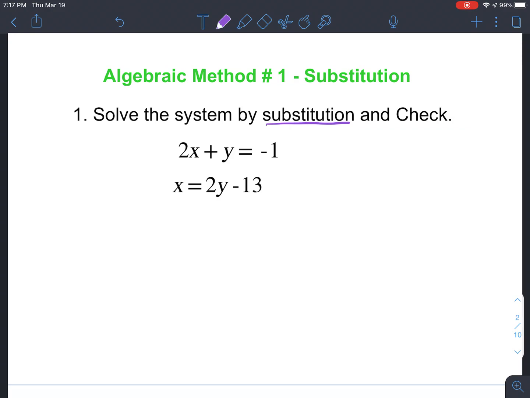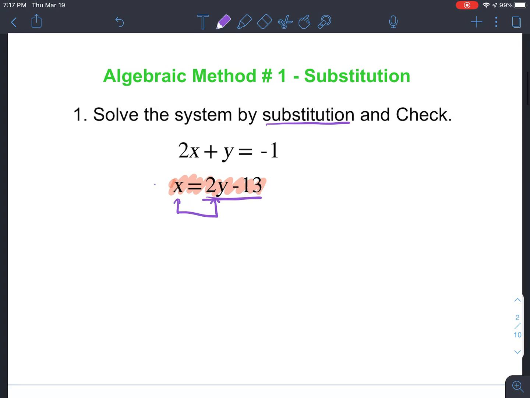So what are we substituting? Well, if we take a look at the second equation, we can see here that x is equal to this entire expression 2y minus 13, which means any place I see an x, I can plug in 2y minus 13. So where are we going to substitute it? Well, we need to make sure when we're working with systems of equations that we use both equations.